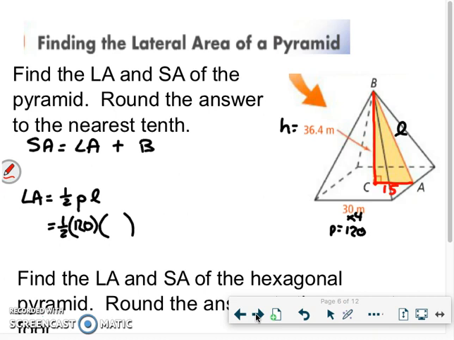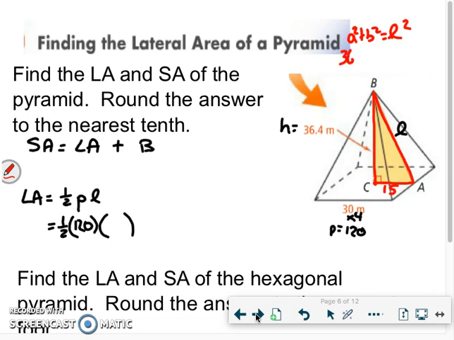So what I have is 2 of the 3 sides of a right triangle. If you're missing the slant height, it's going to be Pythagorean Theorem. A squared plus B squared equals C squared. So over here, I'm going to write that. We need to find the slant height. So actually, instead of C squared, I'm going to write cursive L squared for slant height. So we'll have everything we need.